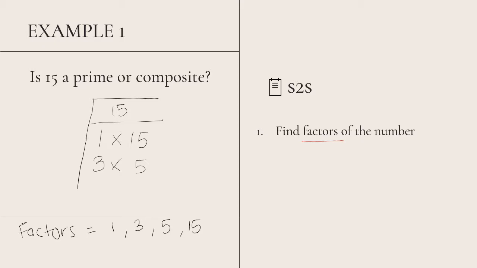Now, we have found the factors of 15. What is step 2? If there are only two factors, then it is a prime. Now, how many factors of 15 have we found? That's 1, 2, 3, 4. So there are 4 factors of 15.